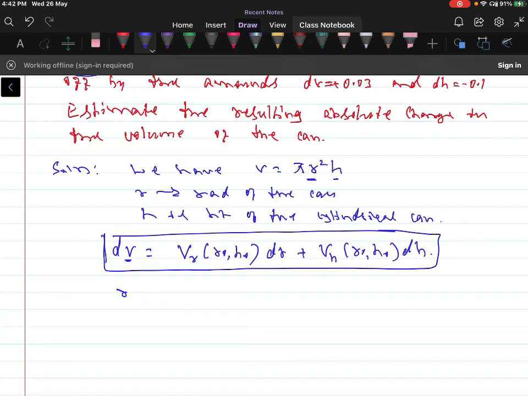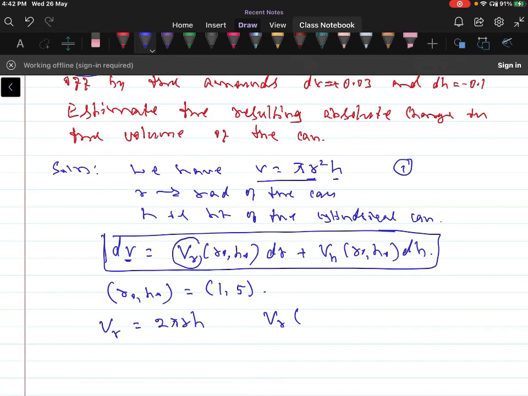Here r naught, h naught are the radius and height of the can initially, that is 1, 5. So let us find dou V by dou r. Let us call this equation 1. Differentiate V with respect to r partially. So Vr is equal to 2 pi r h. Vr at the point 1, 5 is equal to 2 into pi, where r is 1 and h is 5, so 10 pi.